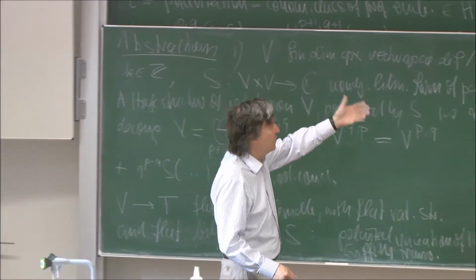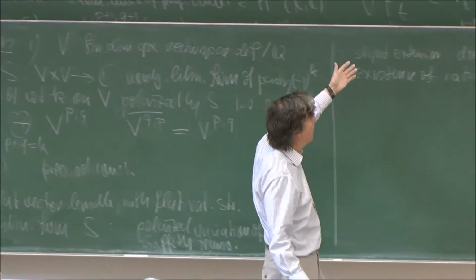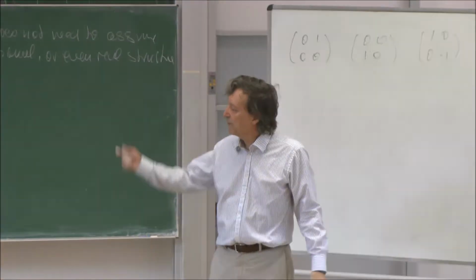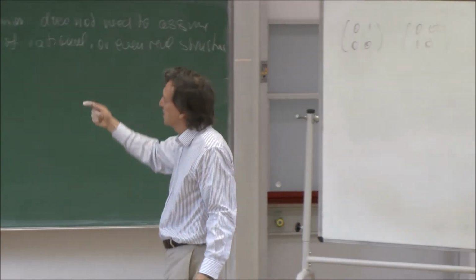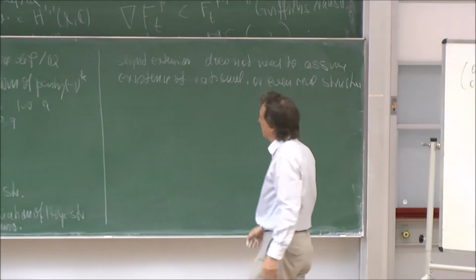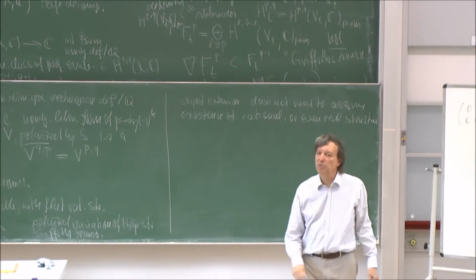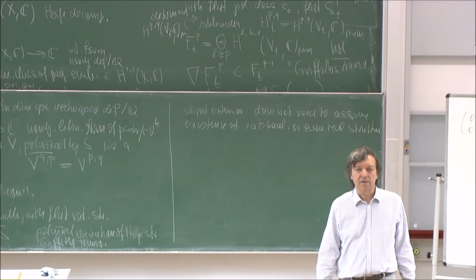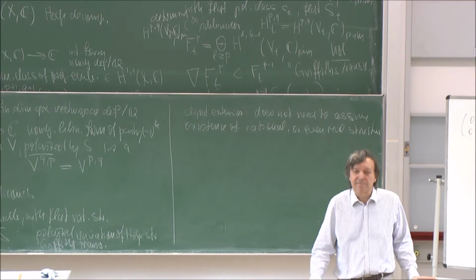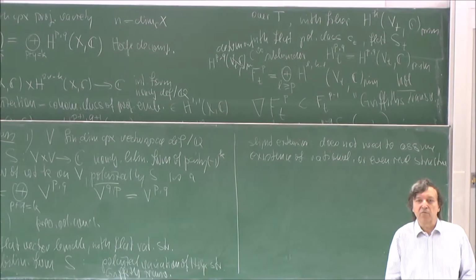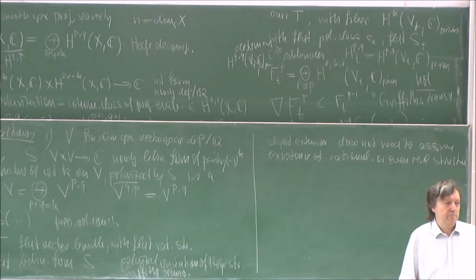So to write this down will take longer than it's worth, but the point is that one can make sense out of this definition, with a slight modification, without assuming that there's a rational structure. And then the same is true for the notion of a variation of Hodge structure. Again, one has to say things somewhat differently, but one can say them without assuming that there's a rational structure.